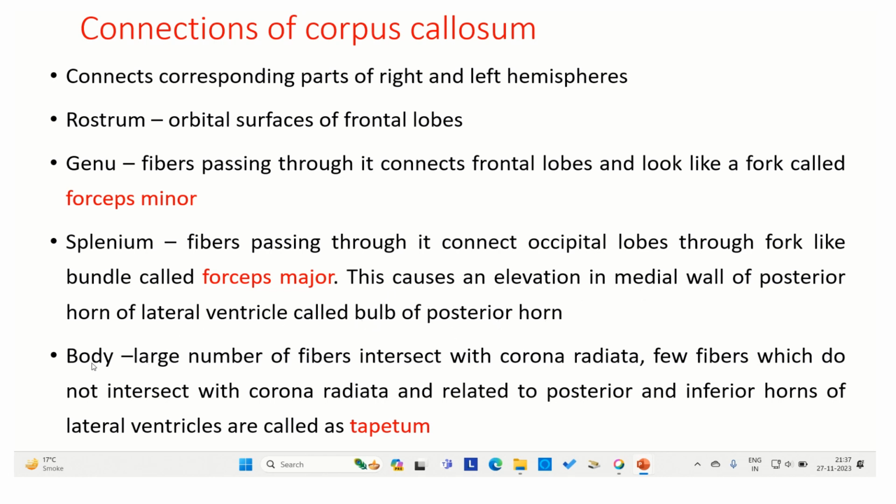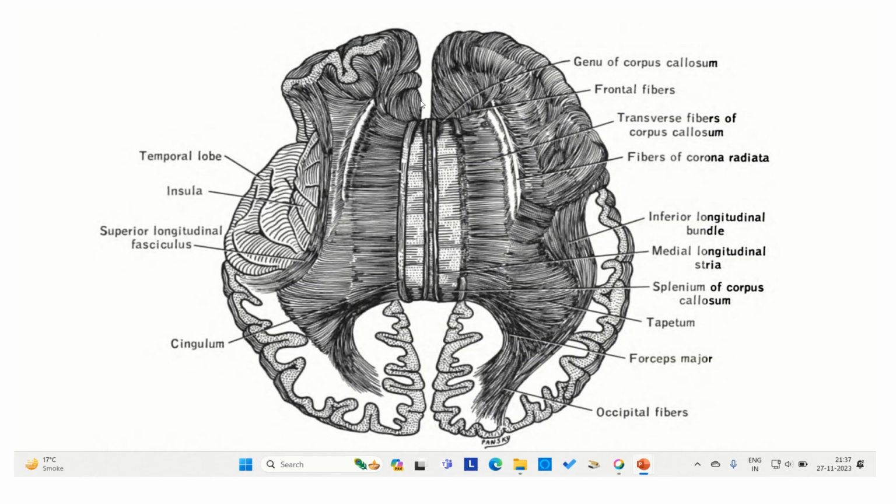In the body, a large number of fibers intersect with the corona radiata, which is a part of the projection fibers. But a few fibers do not intersect with the corona radiata and are related to the posterior and inferior horns of the lateral ventricles; these are called tapetum. You can see here, this is the forceps minor. Here you can see this is the forceps major and these are the tapetum.